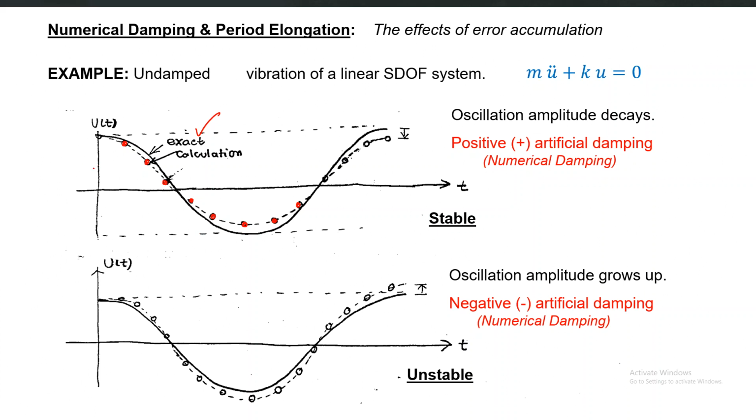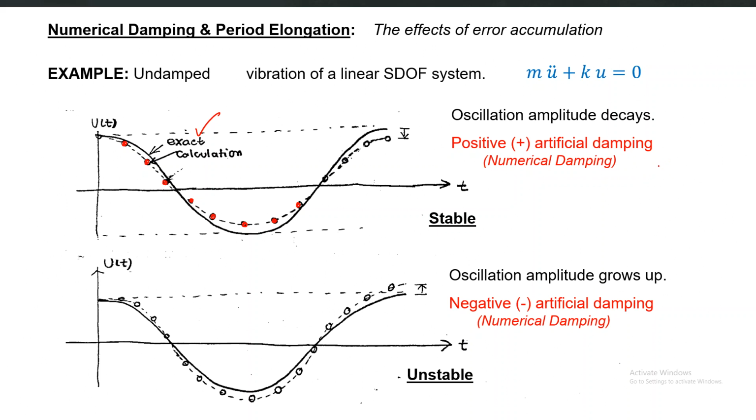And in that case, the accumulation of error will be such that the response will keep on reducing with number of cycles, and this will be equivalent to having an additional damping, because additional damping will result in reducing the response with each cycle. So if the accumulation of error due to your analysis method is such that the response is reducing with number of cycles, we just hypothetically call it a system having positive artificial damping.